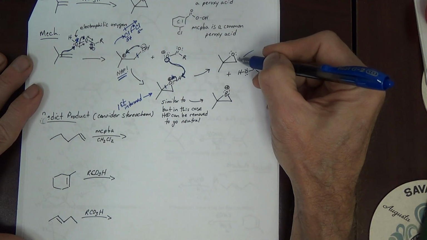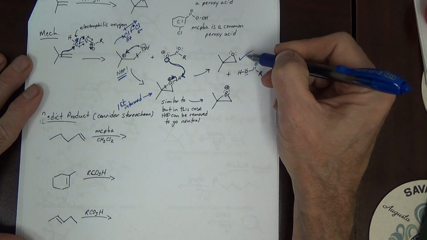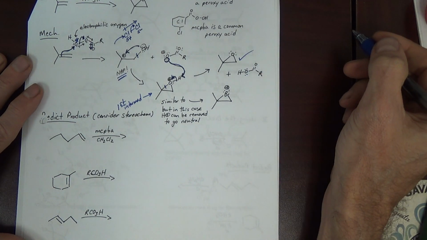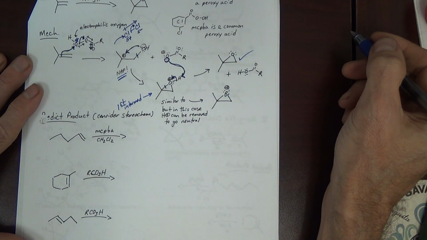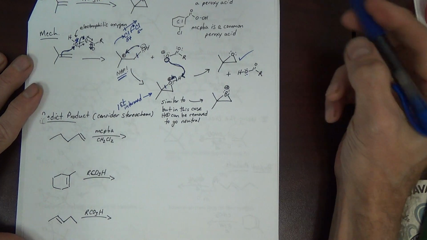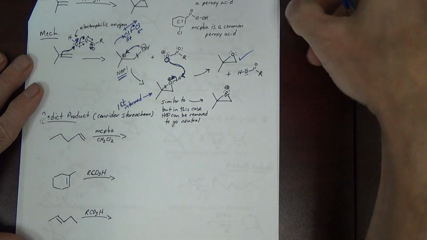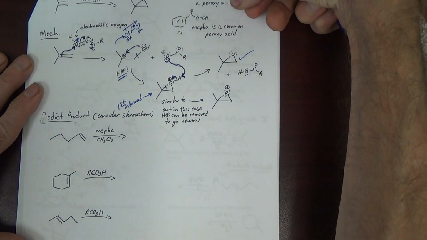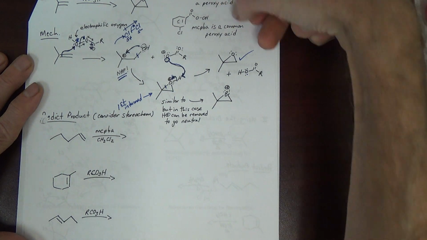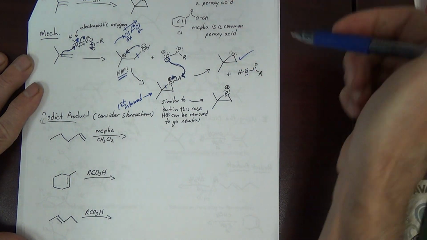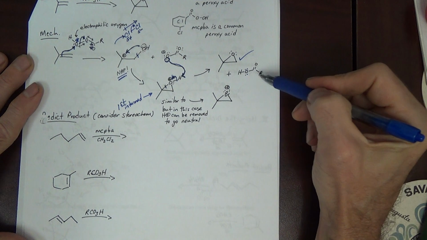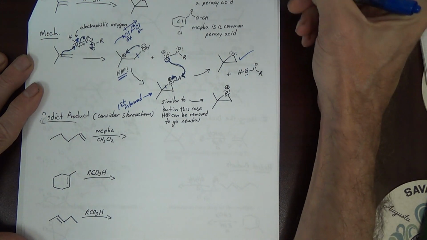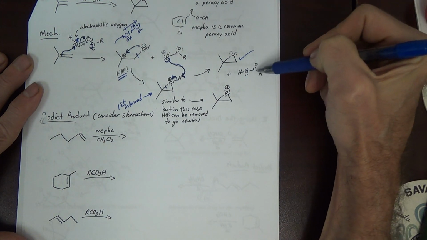And the epoxide can actually indeed be isolated very readily. And you see ultimately that the peroxy acid has supplied an oxygen, and the end product is a carboxylic acid, where that extra oxygen is now gone.